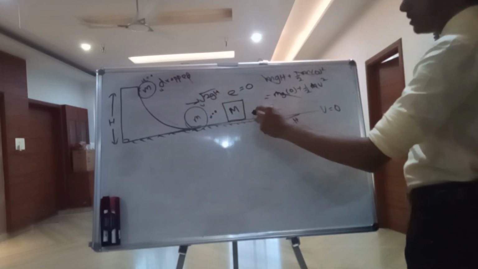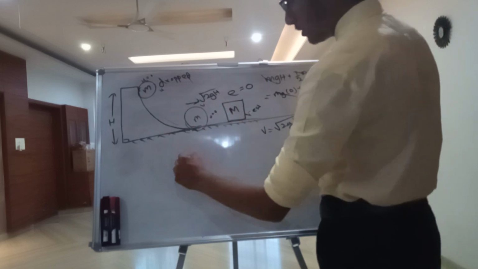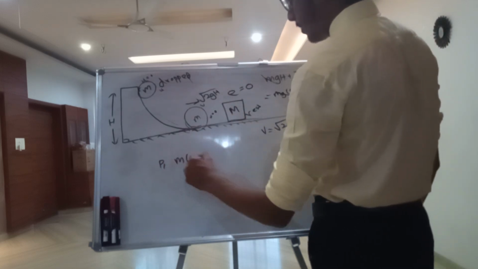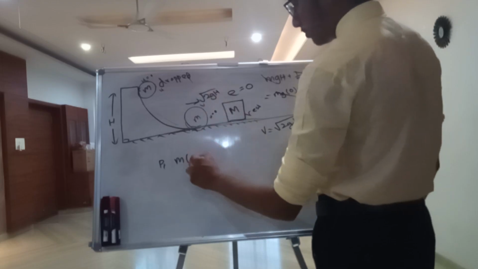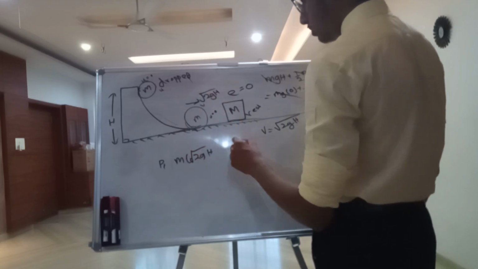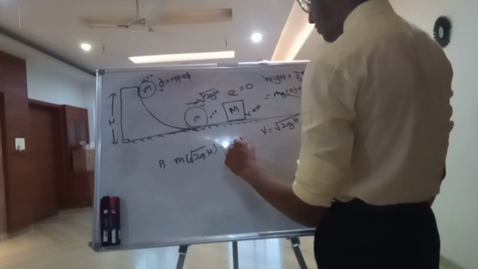This is at rest. After collision, can I consider momentum now? Initial momentum, Pi: mass into root under 2gh, plus mass into 0.